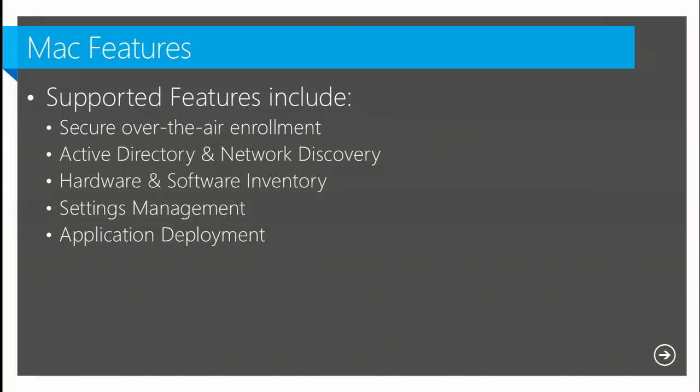We're able to discover Mac clients using either AD discovery or network discovery. And there are some nuances to each of those, just the nuances of those two discovery methods in general that apply to Mac as they do to Windows. Hardware and software inventory is also supported.